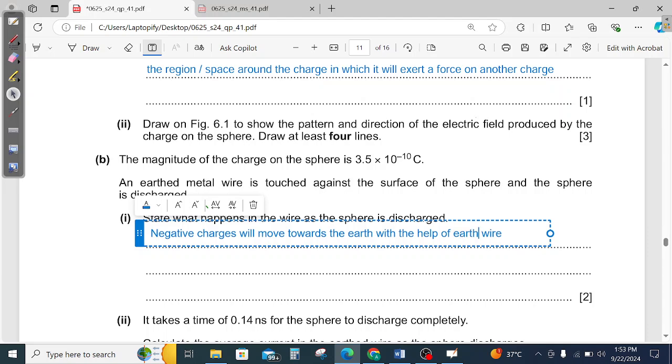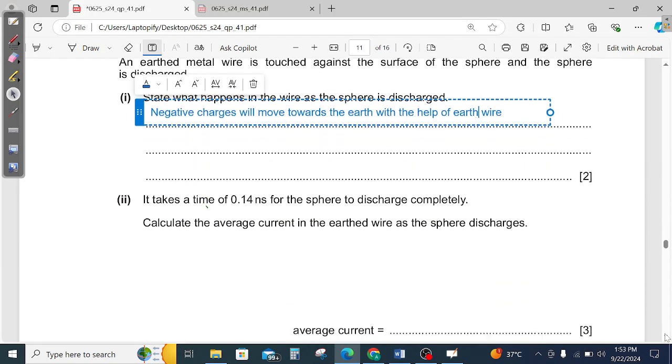Is it clear? As a result, your sphere will be discharged.